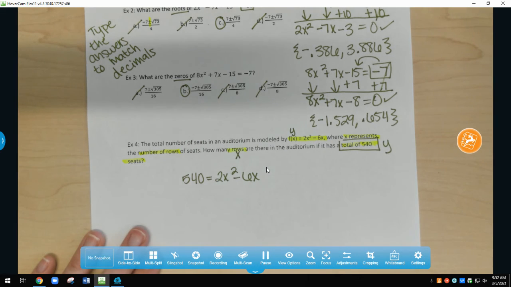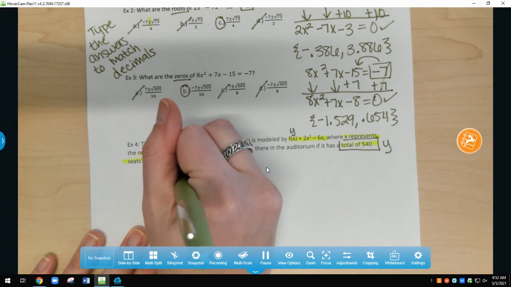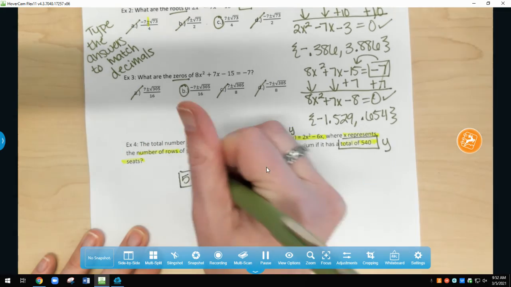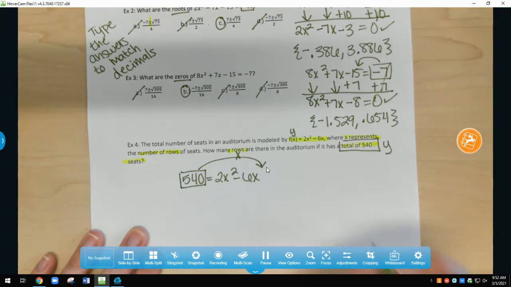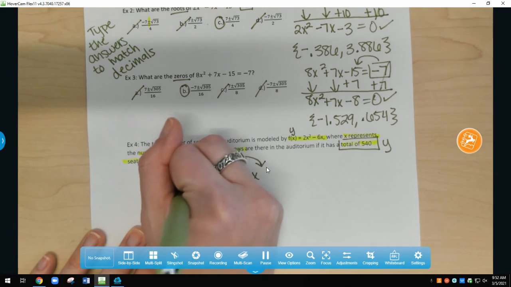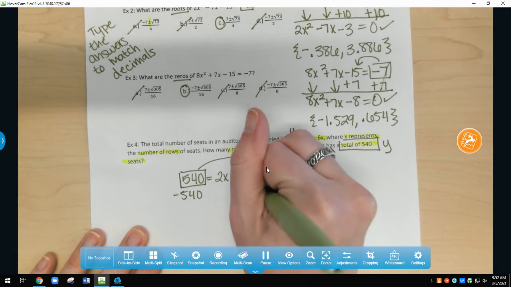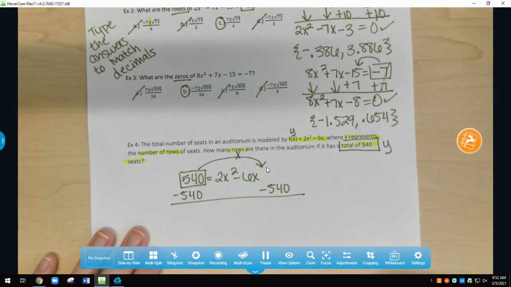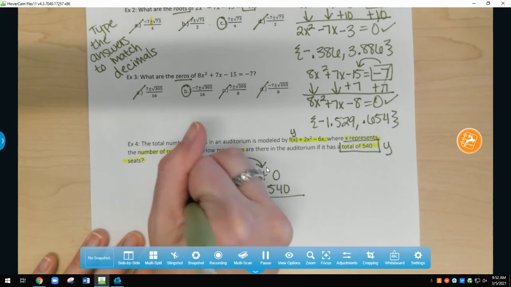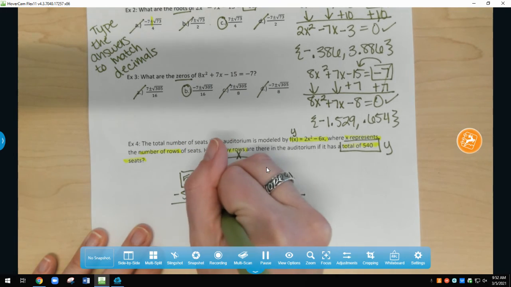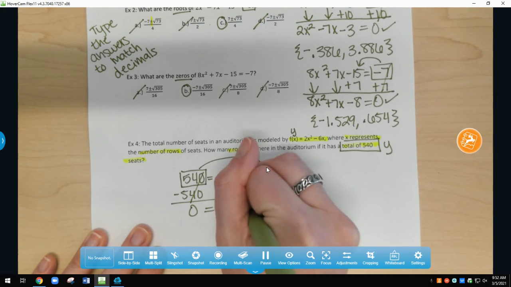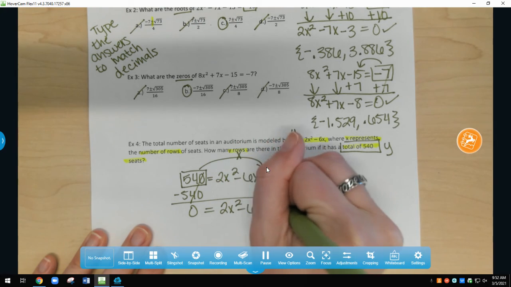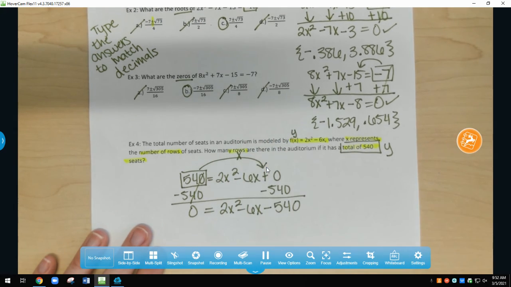Remember, in order to solve, I need this to equal 0. So I'm going to work on this side, and we're going to bring this all the way over. So I'm going to subtract 540. Imagine there's a 0 here if you would like. This cancels. So then we have 2x squared minus 6x minus 540.